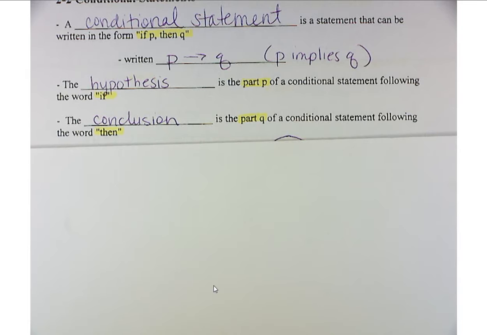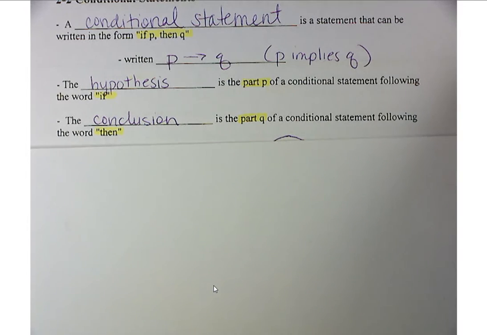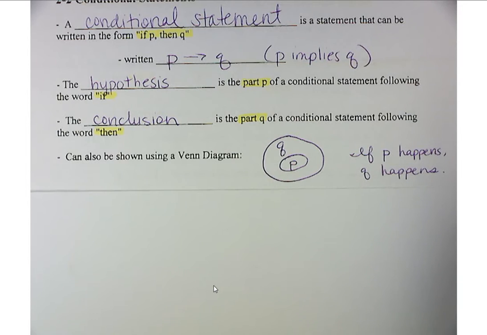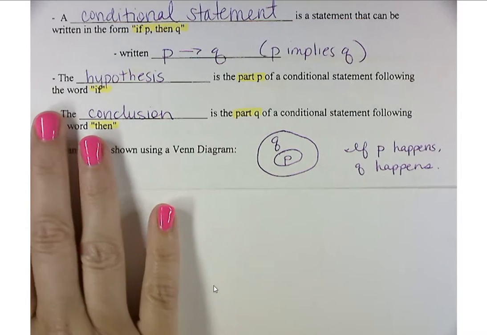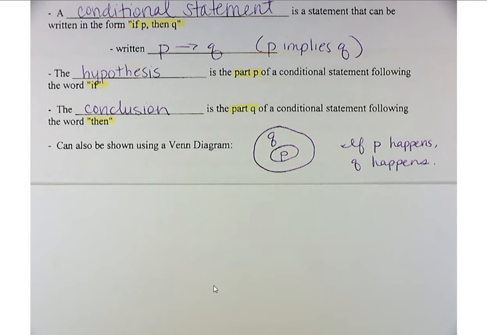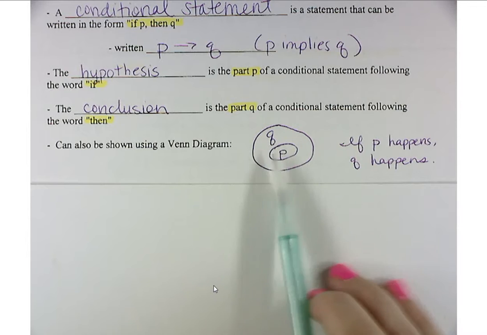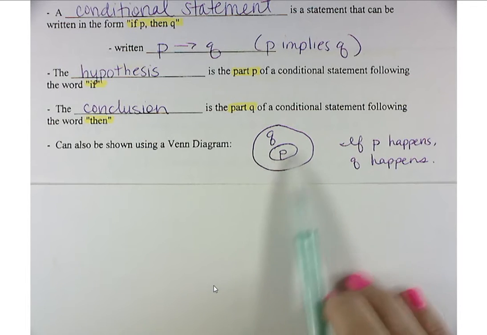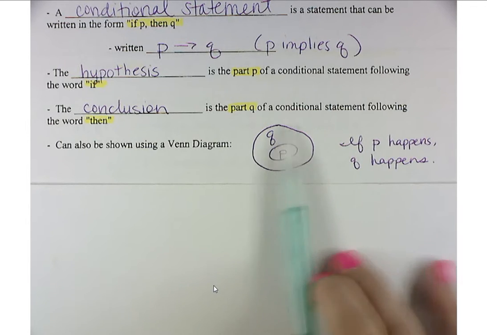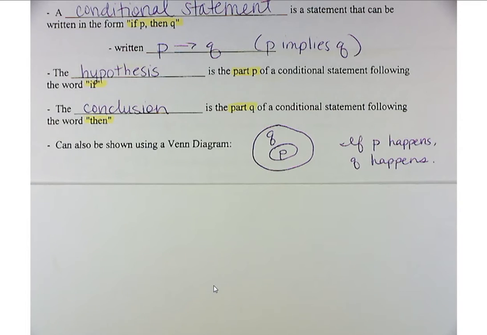We can also represent this using a Venn diagram. So if P happens, Q happens. What you have is a large circle here, and P is inside the circle Q. So if P is going to happen, Q is also going to happen.